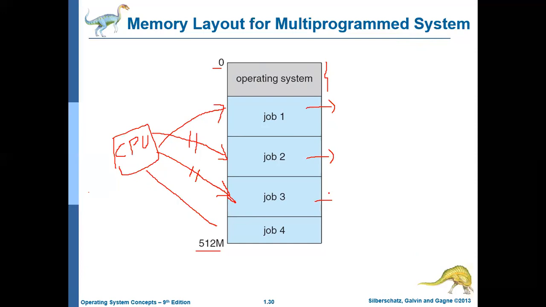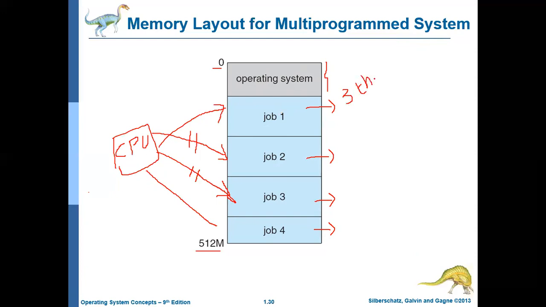There are 4 processes available in the memory currently. But each of these processes can have multiple threads. For example, job 1, otherwise we call it process 1, may have 3 threads running parallelly.